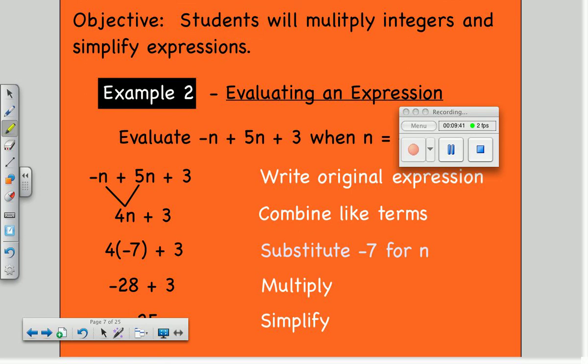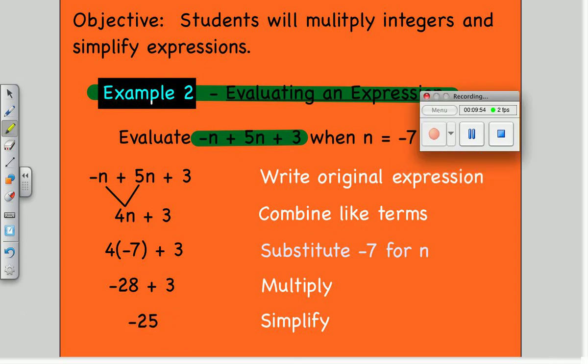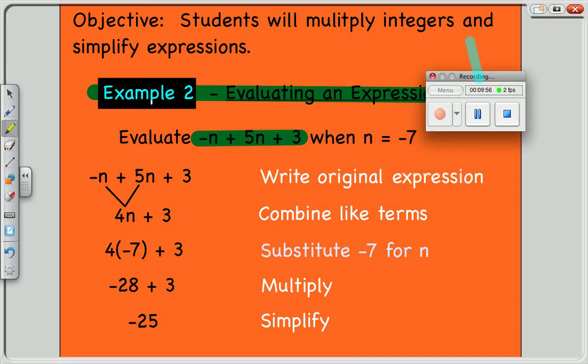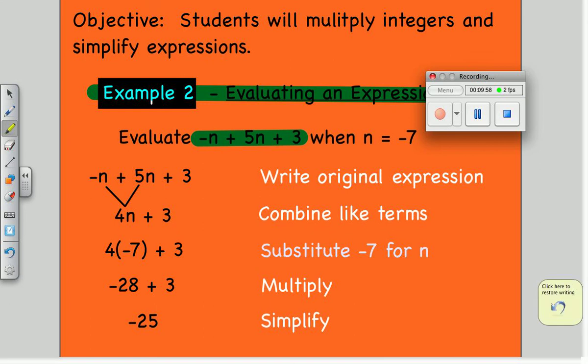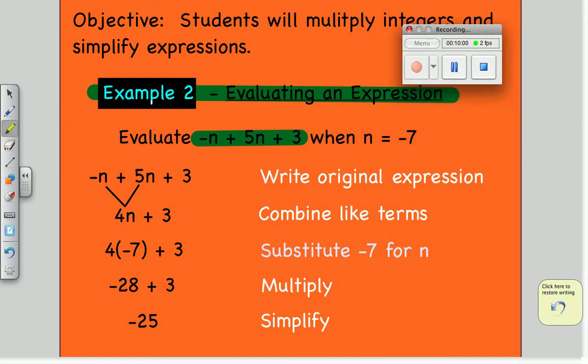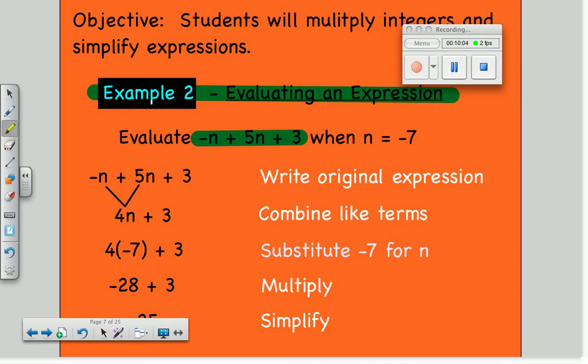Example 2. Now when we have an expression. Okay? So we have an expression here. Negative n plus 5n plus 3, and n equals negative 7.